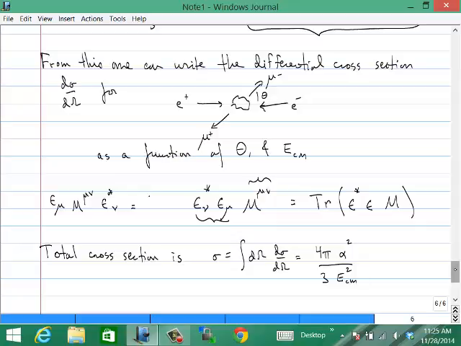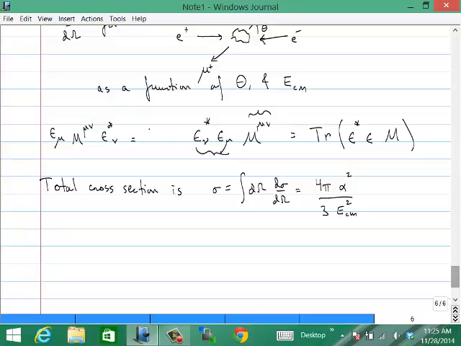There are a couple pieces of physics I would like to point out about this formula. The first is that the cross-section is proportional to the 4th power of the electric charge. Physically, that makes sense. As the electric charge increases, these particles will interact more strongly, and the probability that these 2 particles will interact and annihilate increases.